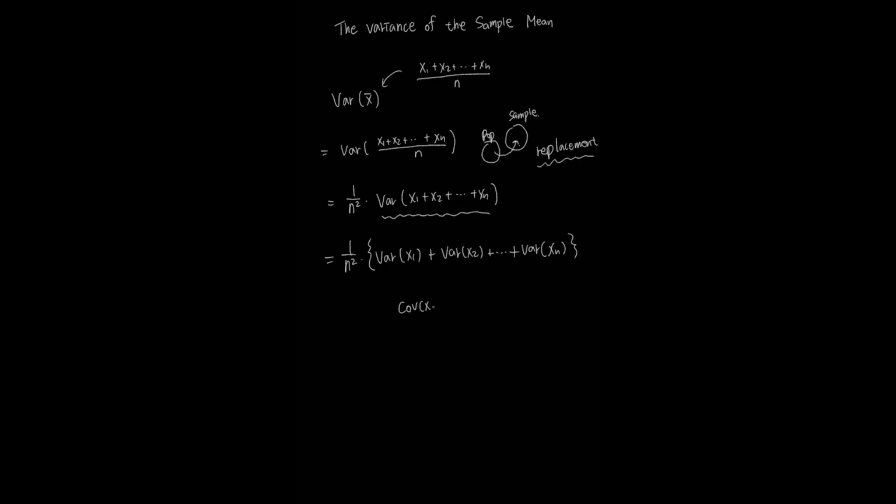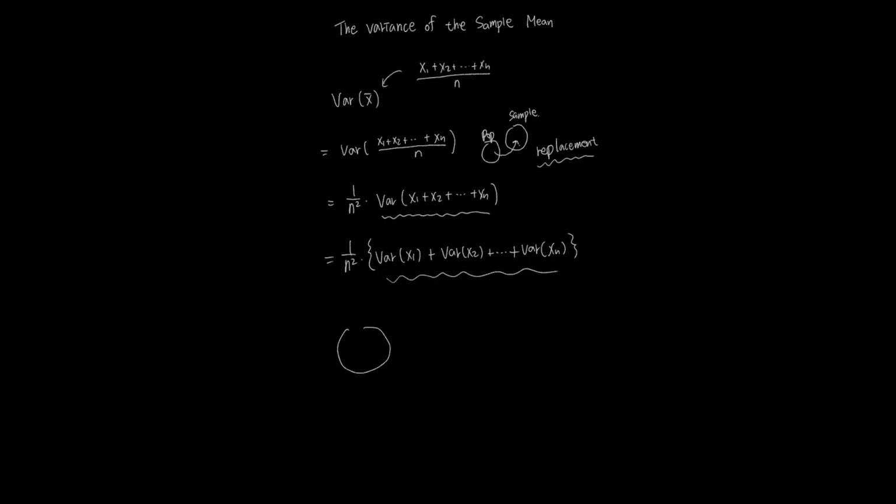The covariance terms go to 0 because they're all independent. So it's very clear until here.